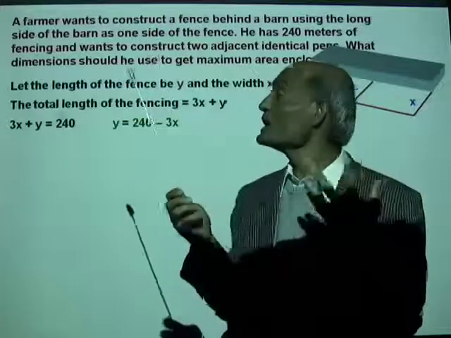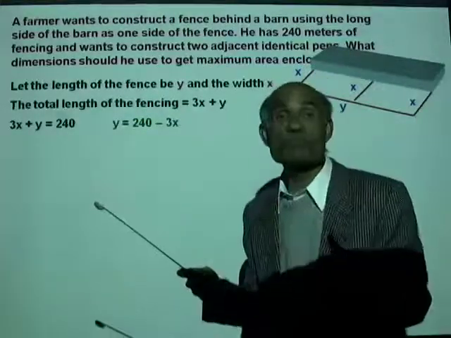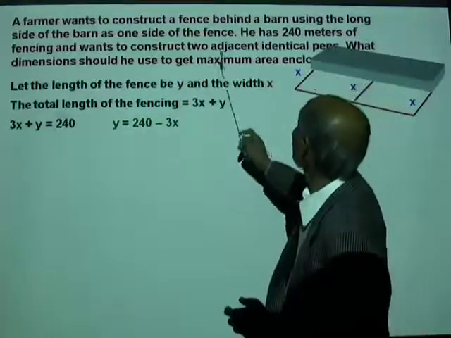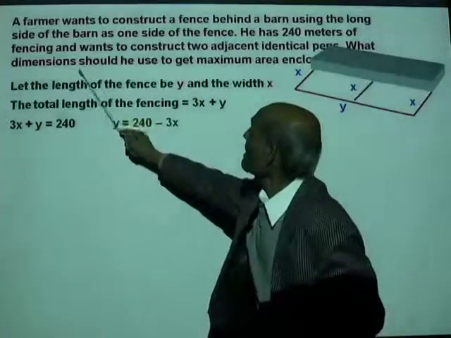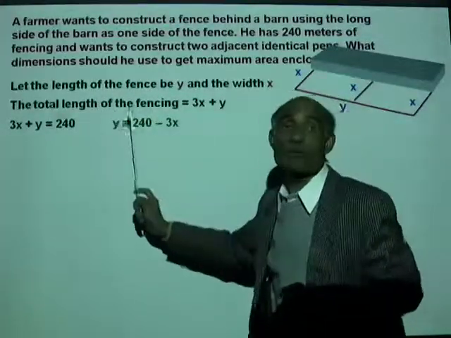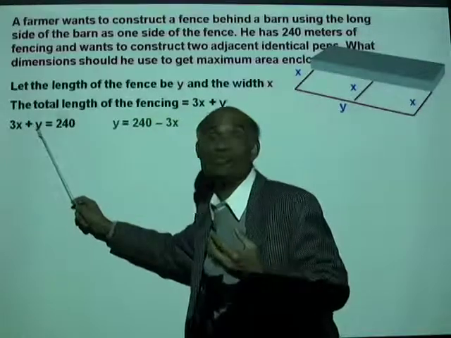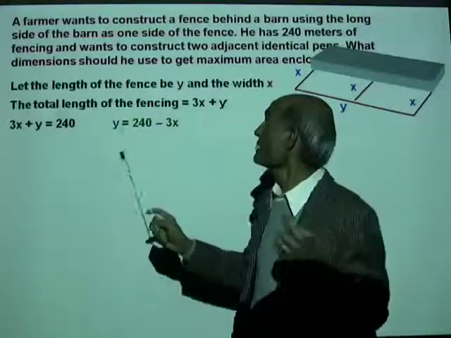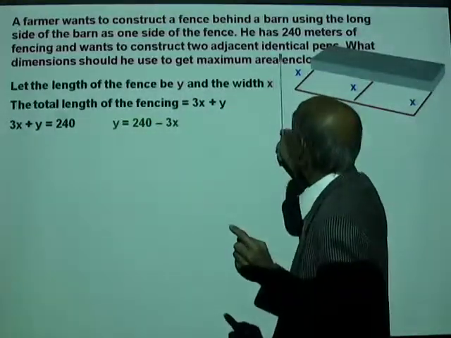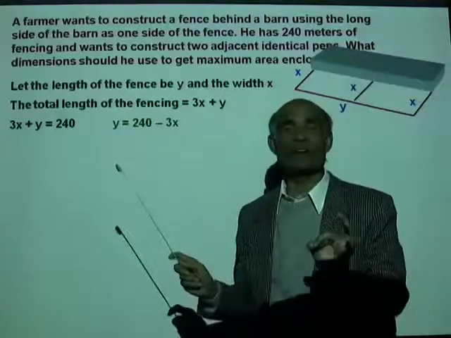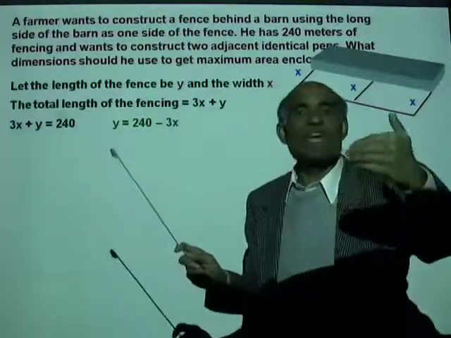Now, we need to see what is the equation we need to set up. We were told what dimension should he use. In other words, we need to find the values of actually x and y, so that we get the maximum area. We need to maximize the area.